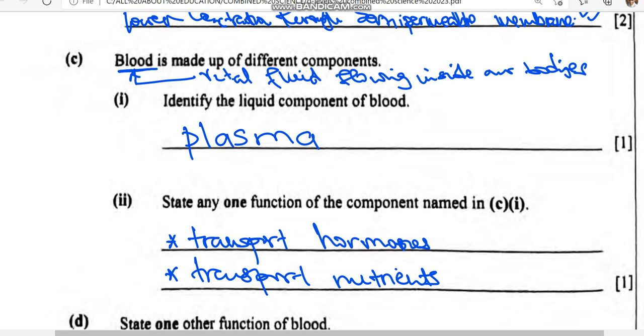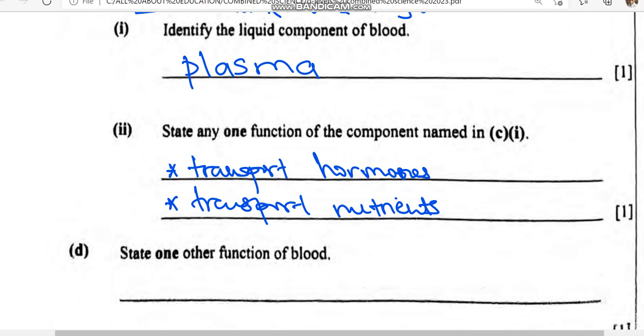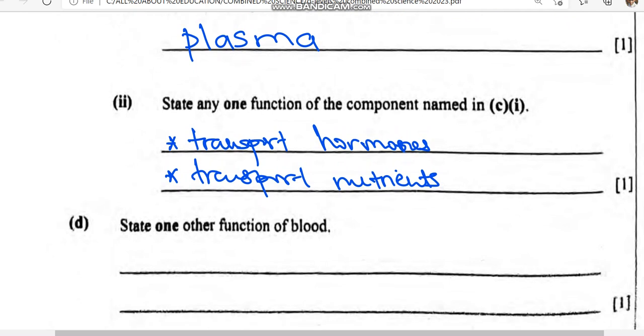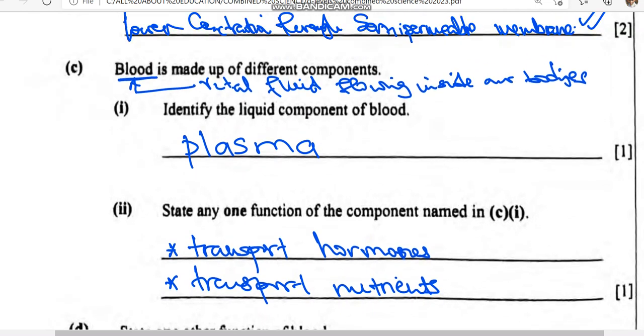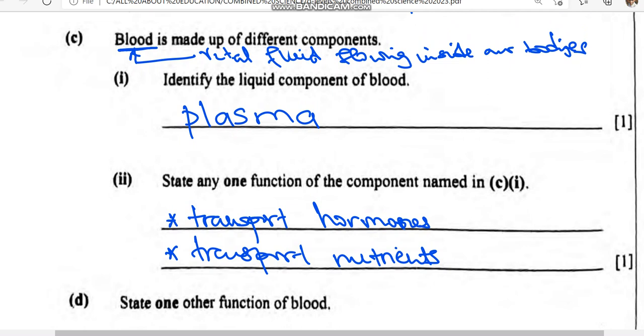So these two, I think, are okay. In this question, they wanted you to just write one function. State one function of blood. Concerning what we have covered so far, we found out the function of plasma, which is transportation of nutrients.